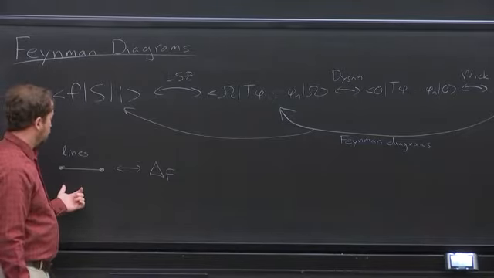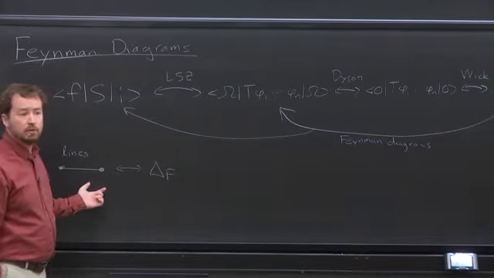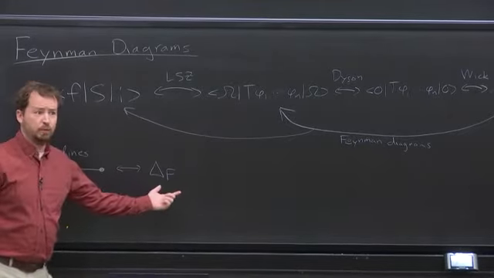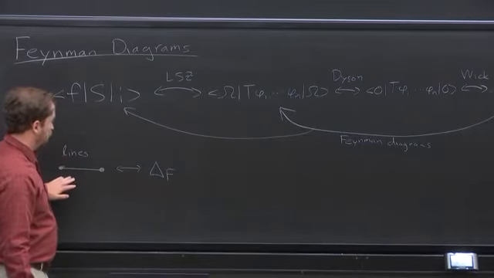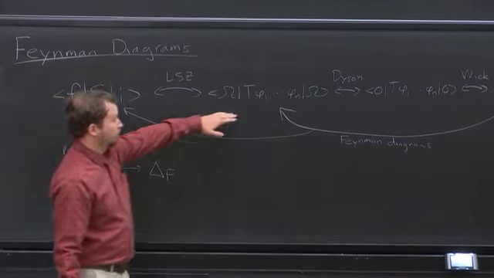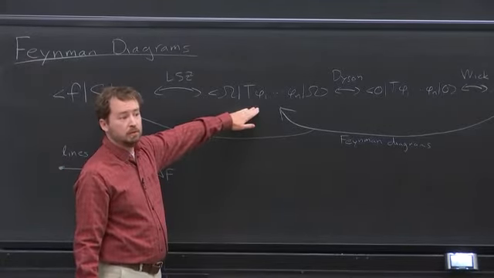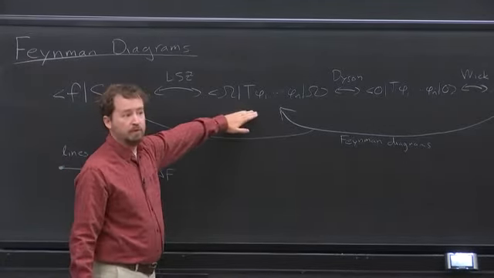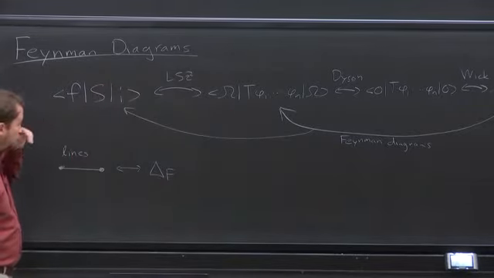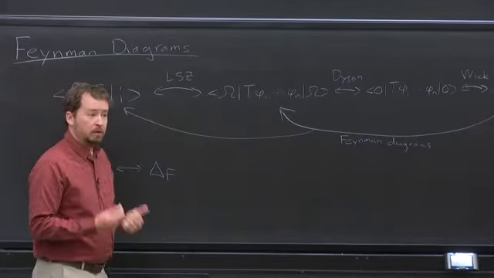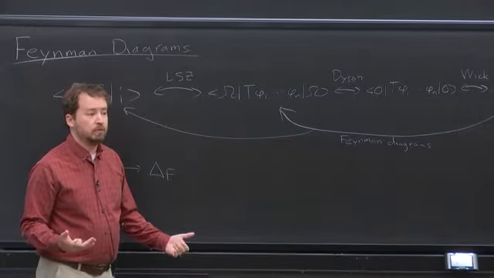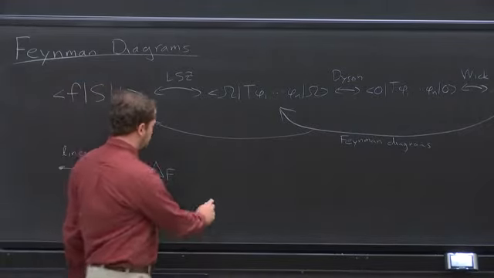And what we're going to develop today and also on Monday are sets of rules for diagrams that we can draw that will represent perturbative calculation of some quantity of interest, whether it's a correlation function or scattering amplitude, and also rules for assigning complex numbers to individual diagrams.